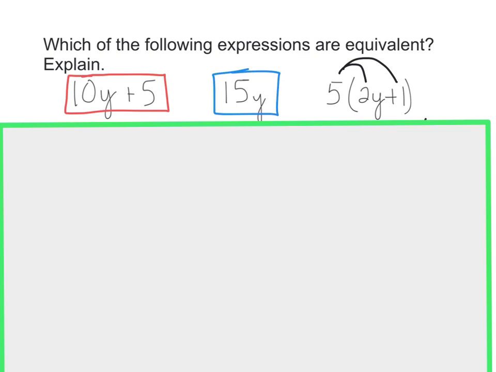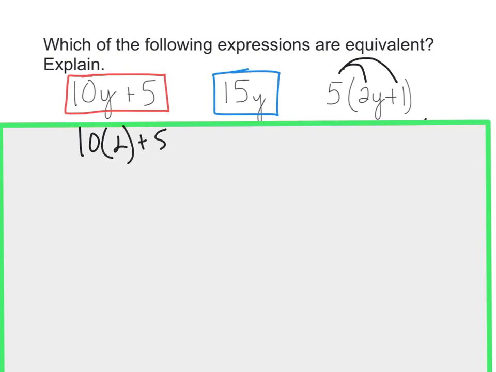This is the reason I mentioned earlier that 1 is not always a good number to try, because if I tried this, this would be 10 plus 5 is 15, 15 times 1 is 15, and you might go along there and think, oh, these are equivalent to each other. So 1 is probably not the best number to choose to substitute.